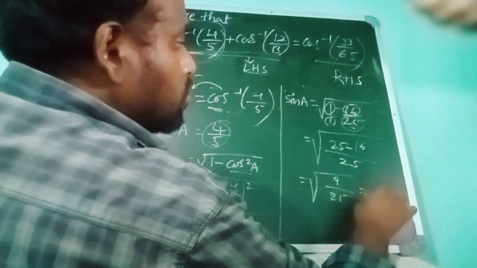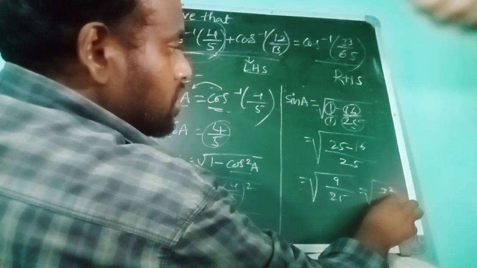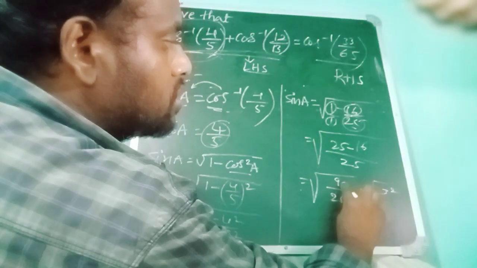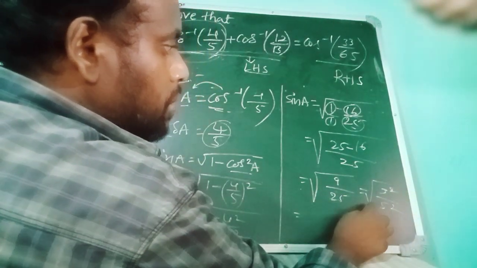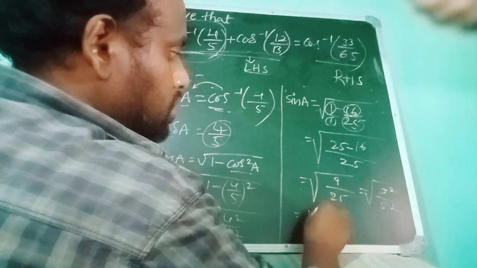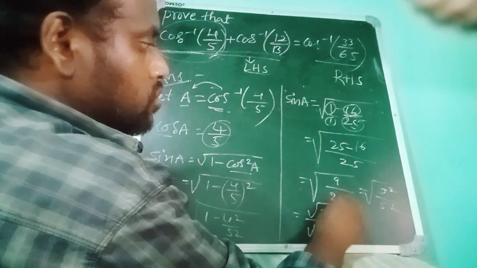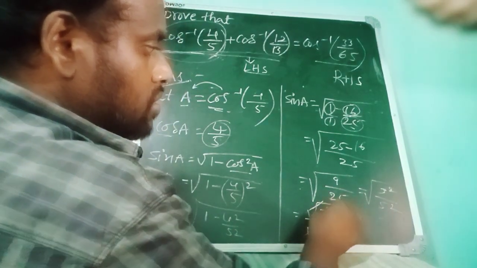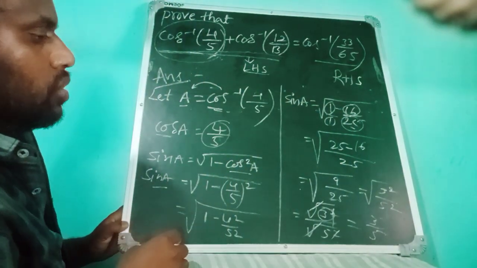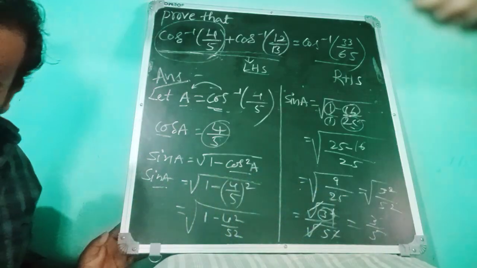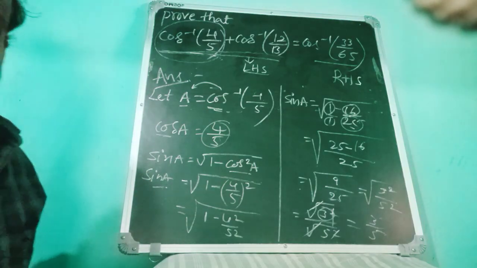Next, the square root. 9 we can write as 3 square, because 3 into 3 is 9, and 25 can be written as 5 square. Now we can split the square root separately: square root of 3 square divided by square root of 5 square. The square root cancels the square, what is left is 3 by 5. So we got sin A is equal to 3 by 5. The remaining part I will solve on the back side of the board.